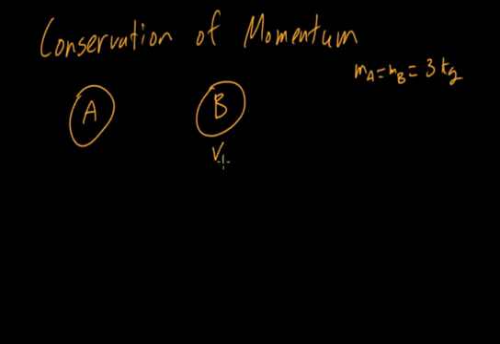So the velocity of B is 0. And maybe A is moving. Maybe A has a velocity, I don't know, 3 meters per second. Okay? So this ball is moving towards this ball, and that ball is sitting still. Okay?